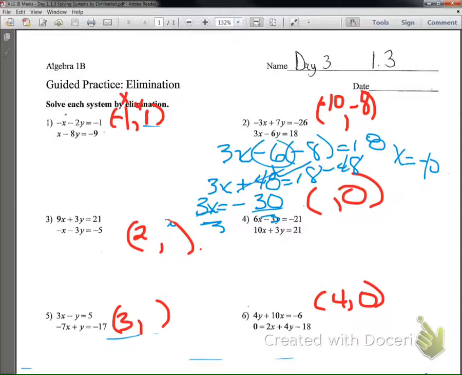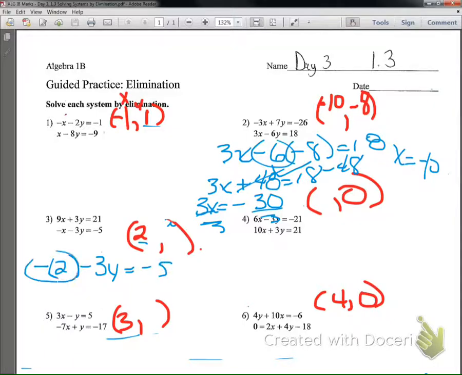So in problem number 3, again, you need to plug your variable that you just solved for into one of the original equations. I'm going to choose the second one, just because the numbers are small. So we have negative x, and we already know what x is, it's 2. So you can put negative 2 minus 3y equals negative 5.